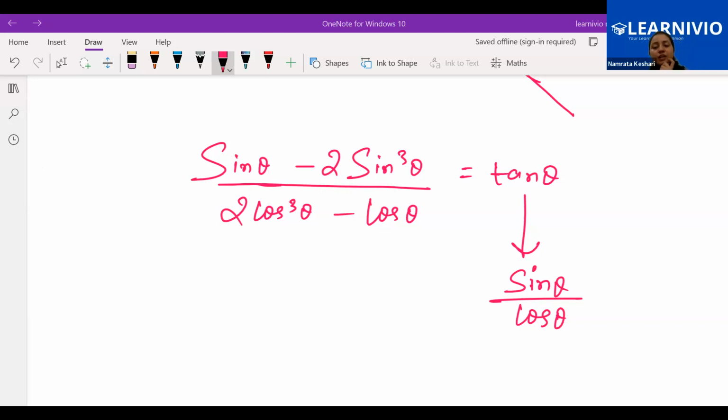If we convert tan to sine and cos, after that we are not able to do anything, right?